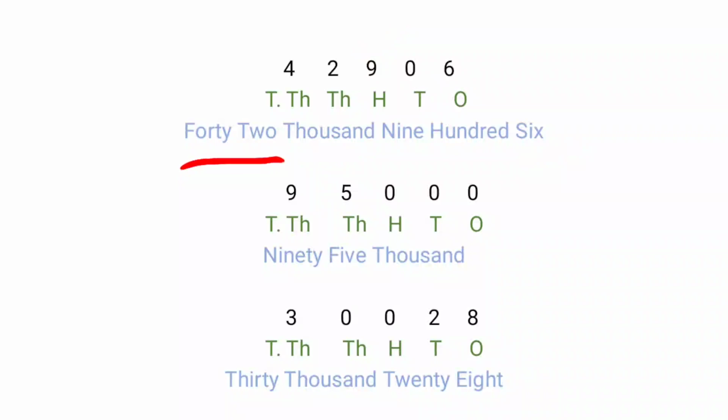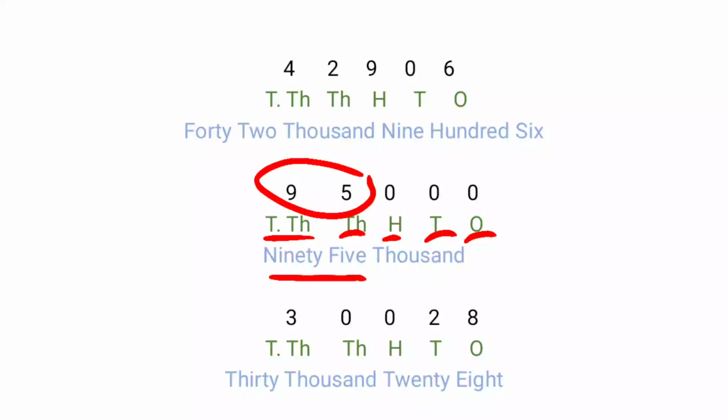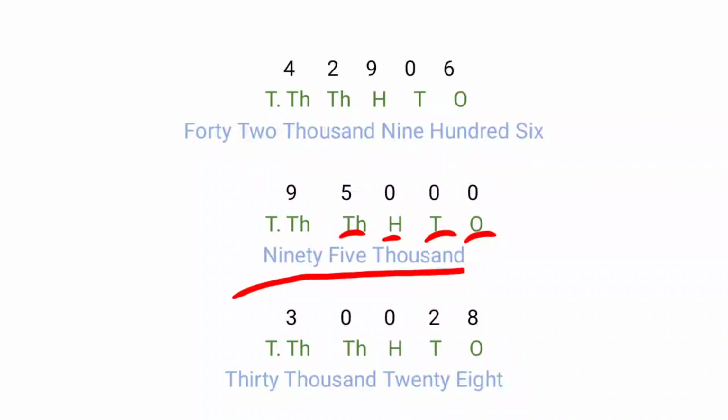Now see the next example. Again this is a 5-digit number. Places: ones, tens, hundreds, thousands, and 10,000. Again, two digits on thousands place: 95. 95 and its place is 1000. So 95,000. Here the remaining places are 0, so we will not count them, and the final number in words will be 95,000 only.